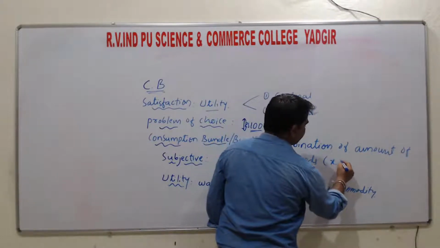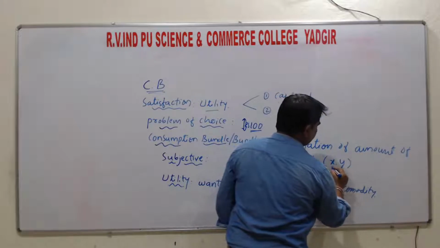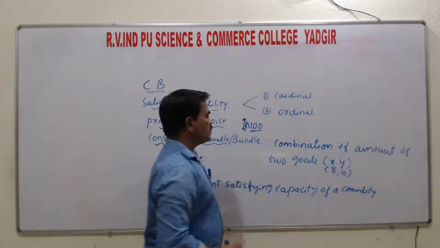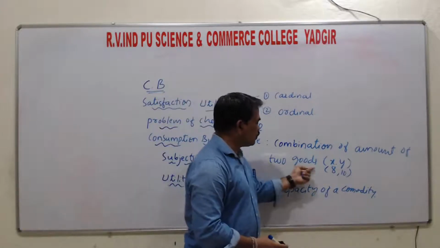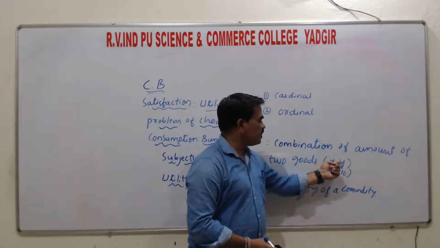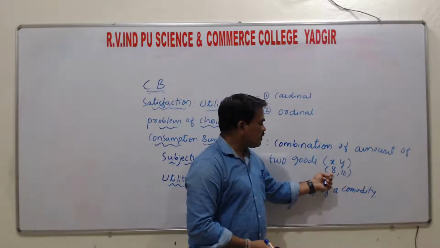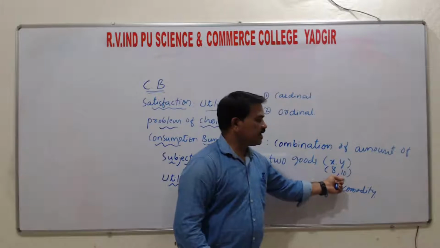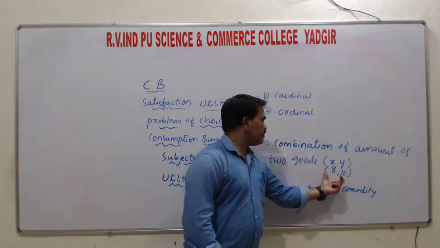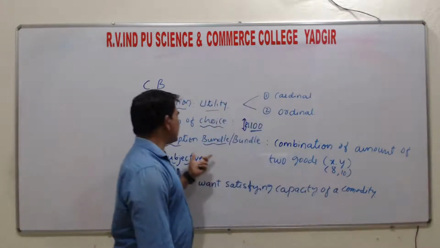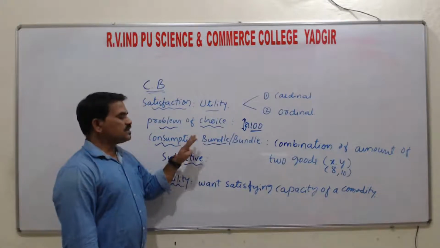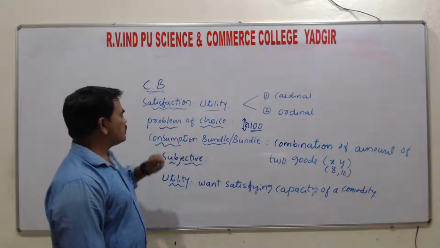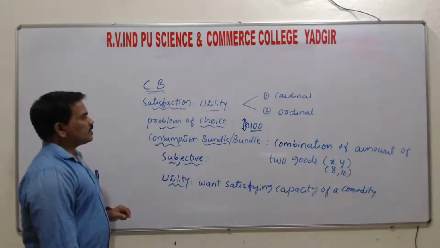Let's say x and y, which we can represent as the numbers 8 and 10. So here, the combination of amounts of two goods x and y, apple and banana, apple in quantity 8 and banana in quantity 10. This combination of amounts of two goods we call a consumption bundle. So these are very important small topics we need to understand here.